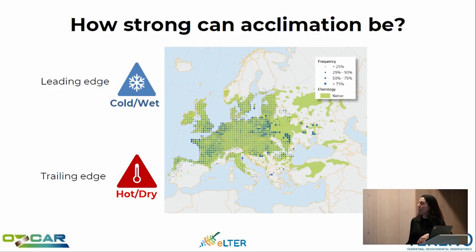And then we have the trailing edge, where the conditions are too hot or too dry for that tree species. At this trailing edge is where we will see the strongest acclimation of the trees, because those conditions push the tree to the limits of its physiological capacity.